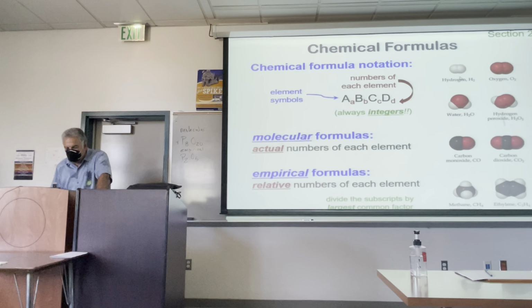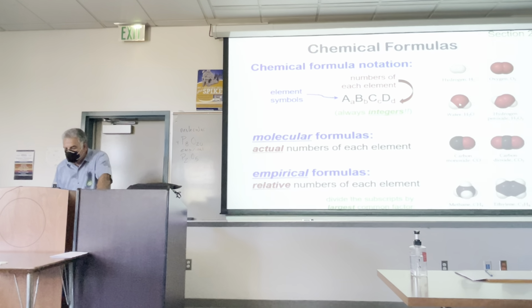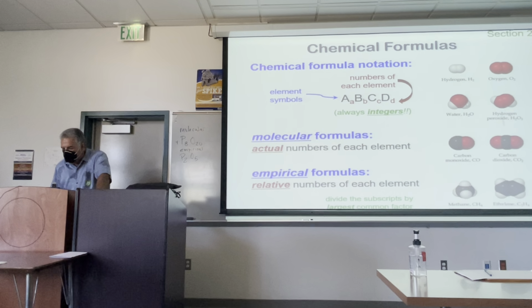Hydrogen, H2, is an example of a chemical formula. Oxygen, O2. Water, H2O, the little space filling model. Hydrogen peroxide, H2O2. Carbon monoxide, carbon dioxide, right? Methane, carbon being the black space filling model, and then the bubbles of hydrogen, 4 hydrogens.